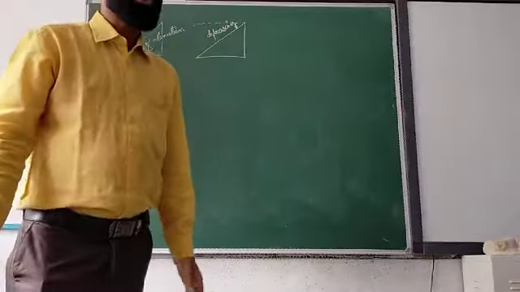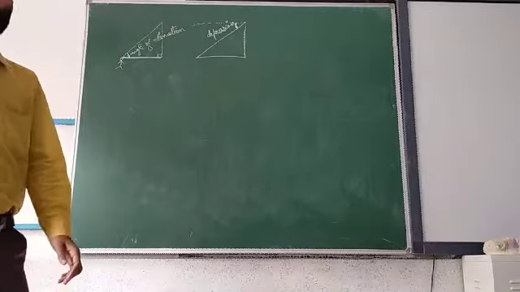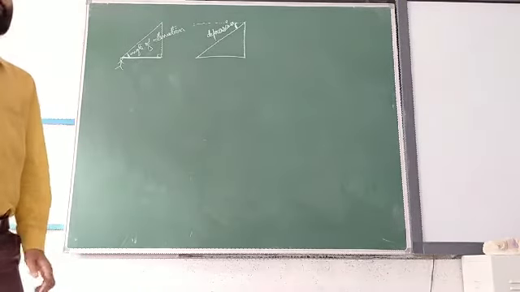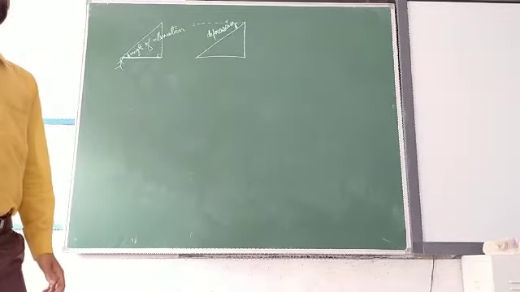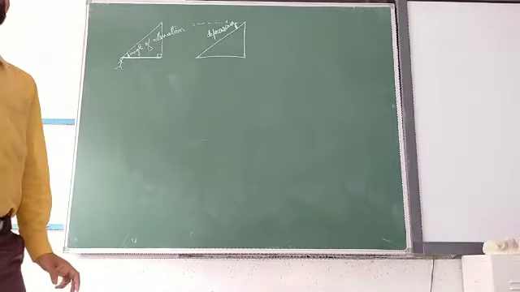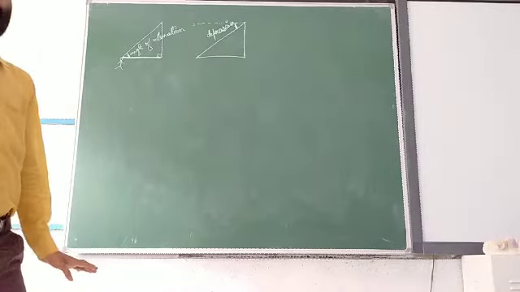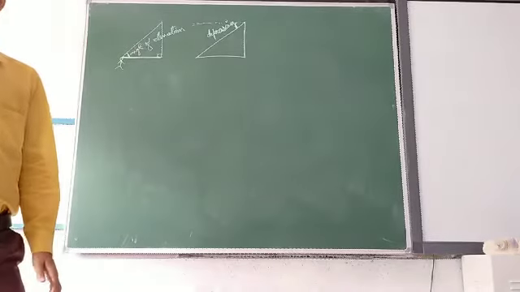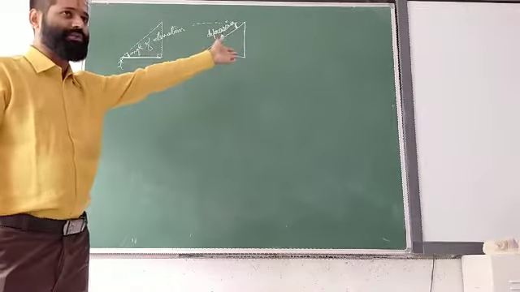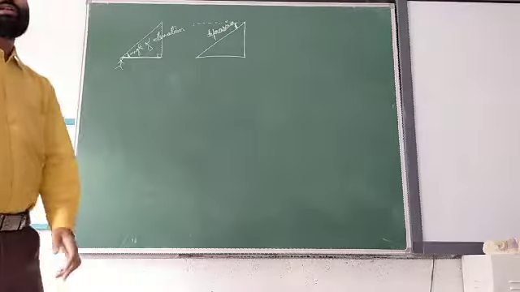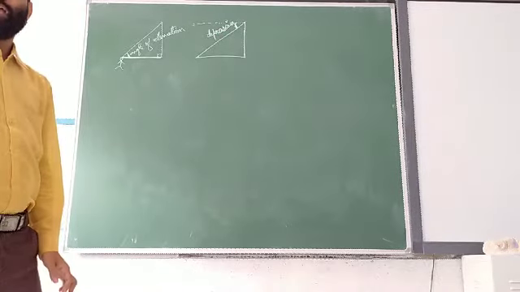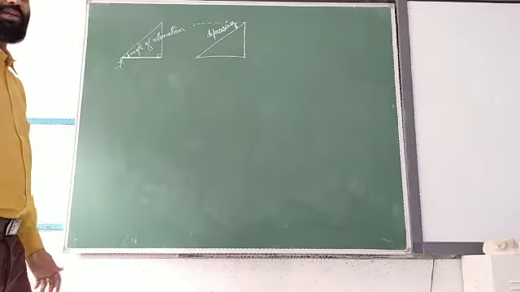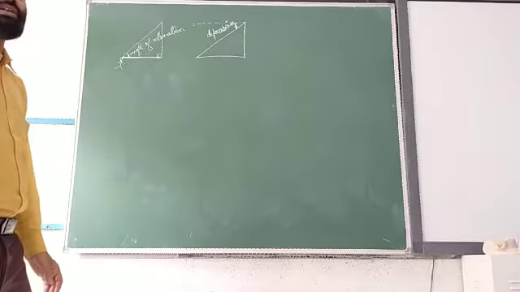If you are moving away from any object, then the angle of elevation will decrease. Same way, as you are moving closer to an object, the angle of depression increases, and if you are moving away from any object, then the angle of depression decreases.